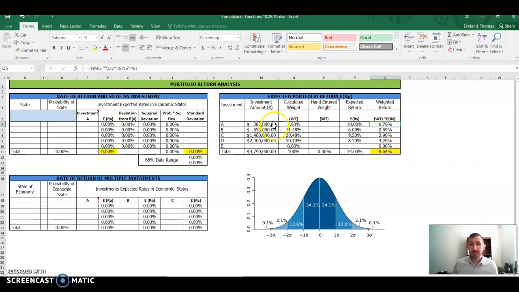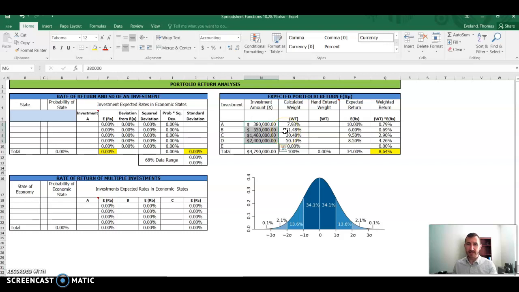And this is simply, if you picked up on it while I was describing it, a weighted average formula, not too awful difficult once you have all the pieces. And that tells us that given these weights and these expected returns, this portfolio has an expected return of 8.64%.